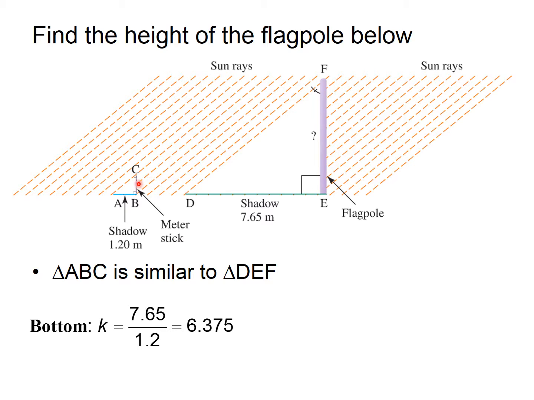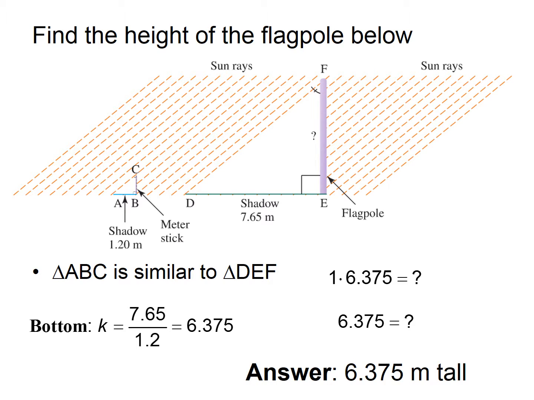Now let's look at this other side. To go from 1 meter here to this unknown distance, I would need to multiply 1 by the scale factor 6.375, and do that arithmetic, I get just 6.375. So there's our answer. Our flagpole is 6.375 meters tall.